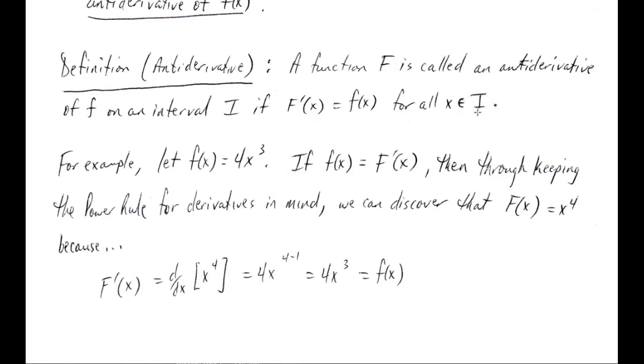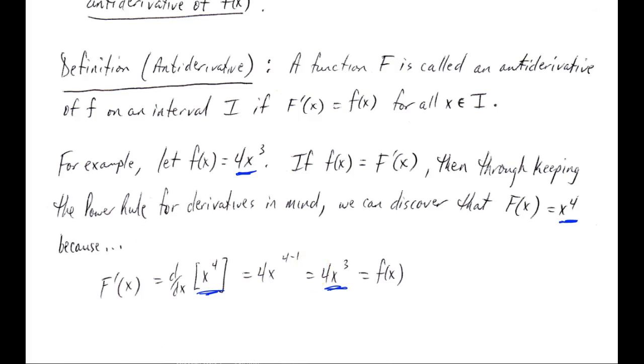And so to give a real concrete example here, let's consider our little f function to be 4x cubed. And of course, if we play around a bit, we'll find out that x to the fourth is an antiderivative of 4x cubed, because if we take the derivative of x to the fourth, we see that we get 4x cubed.